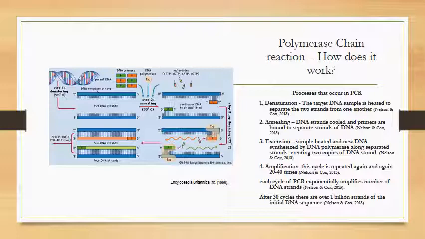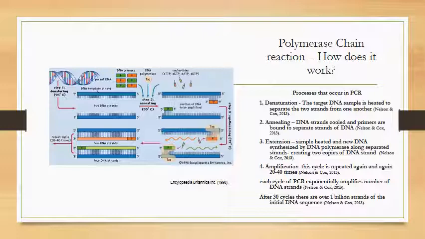Each time this cycle of PCR is repeated, it exponentially amplifies the number of DNA strands. So the first strand becomes two strands, and then those 2 strands become 4 strands, and then 4 becomes 16, and so on and so forth, until after 30 cycles, which can happen in a couple of hours, there are over 1 billion strands of that initial DNA sequence.